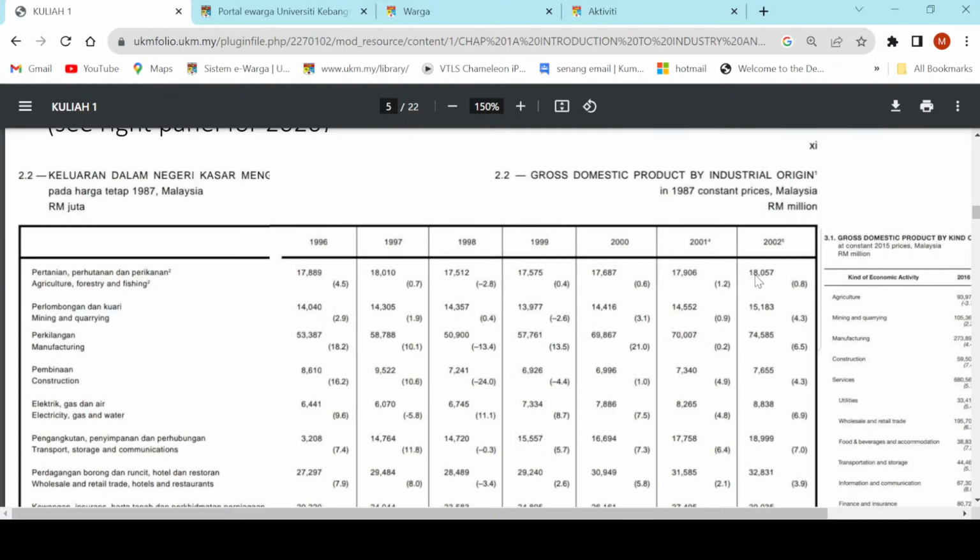For example, the number was 18 something. I'm just making up, okay? 18 something. So you divide that 18 something by the GDP deflator. Say the GDP deflator is 101. Remember, in 1987 it is 100.